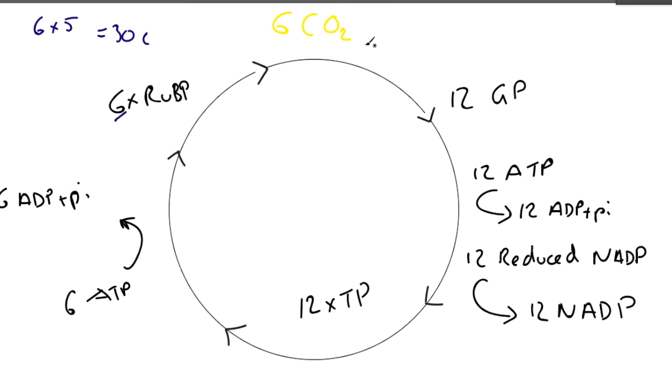You're also going to have 6 times 1 here, which is 6. You're going to have 12 sets of 3, which will mean 36 carbons here. You will have your same again here, 36 carbons, because you've got the same sum.